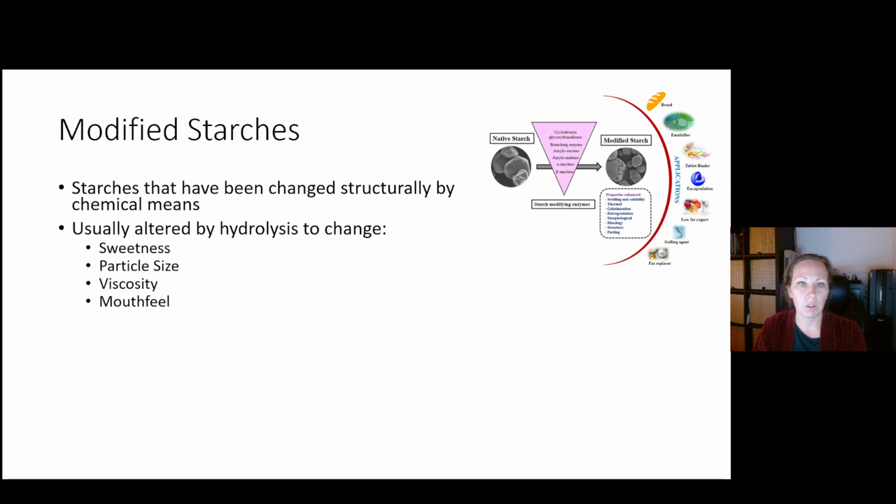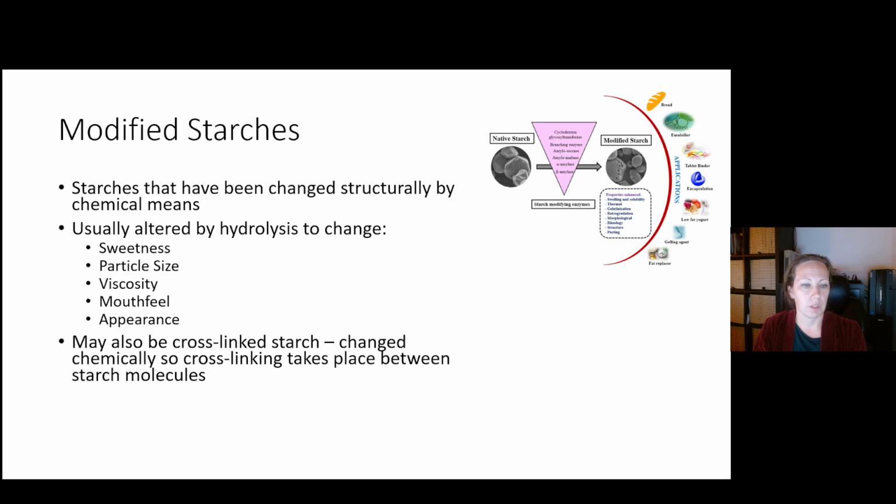The mouth feel. So if you want something that feels more smooth in the mouth than the normal starch that you would use, then you can change the structure a little bit to achieve that. Appearance of the starch.